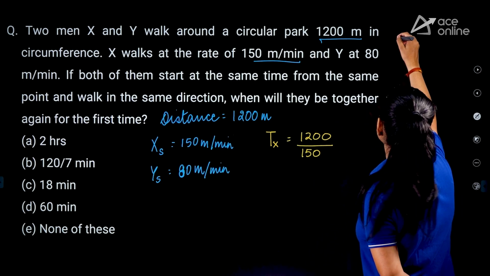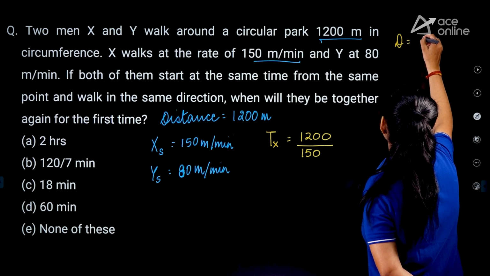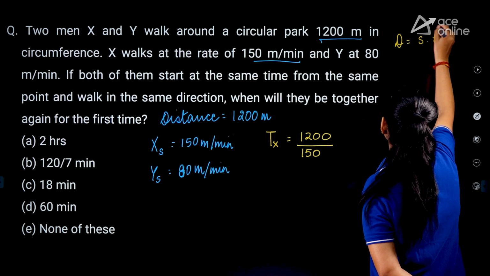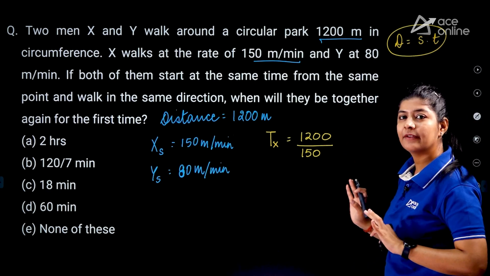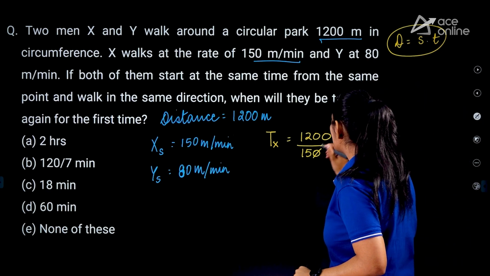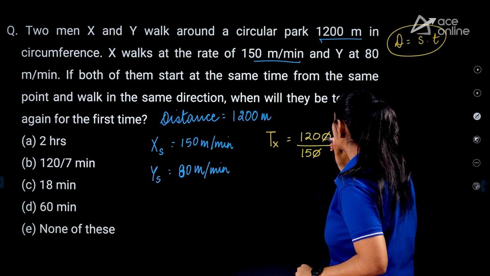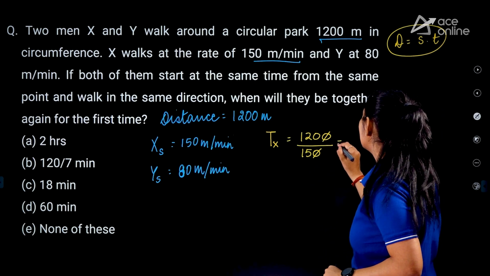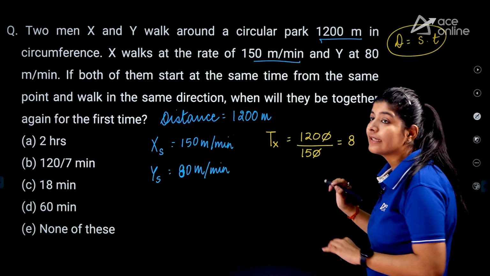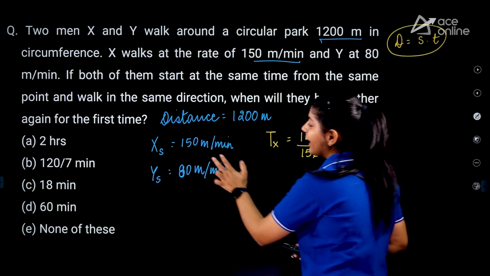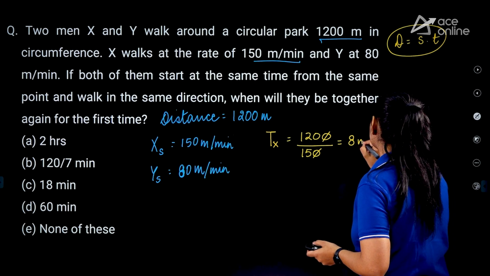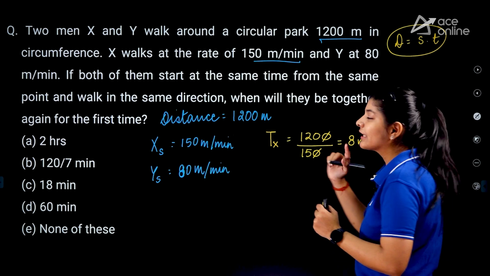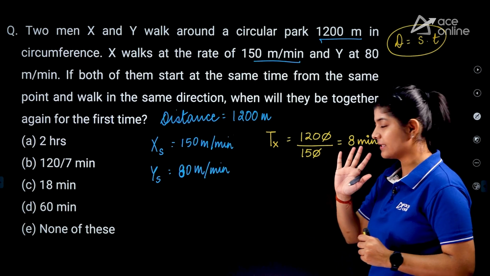Because we know that we have a formula, distance equals speed into time, and we are just modifying this formula to determine the values. We know that this 0 and this 0 are eliminated, and here we are getting our answer, 8. But 8 in what? Here we are having the time period in minutes. So we can say that in 8 minutes, X will cover a whole round of the circular path.